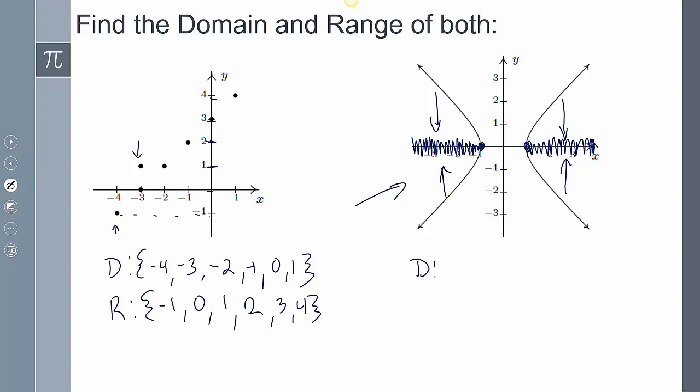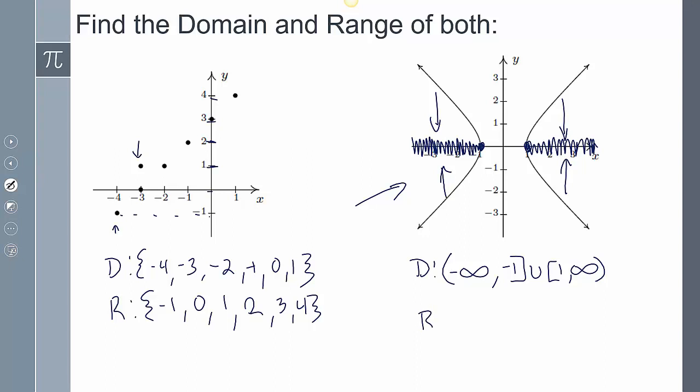So then my domain is going to be from -infinity all the way to -1. Now there's more, so union, and then from 1 all the way to positive infinity. So my domain is from -infinity to -1, union, and from 1 to positive infinity.